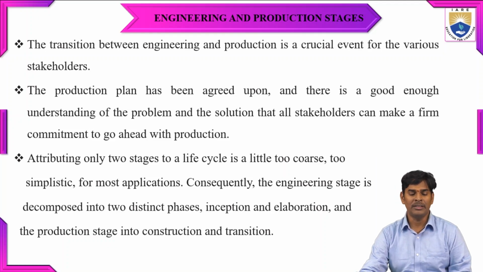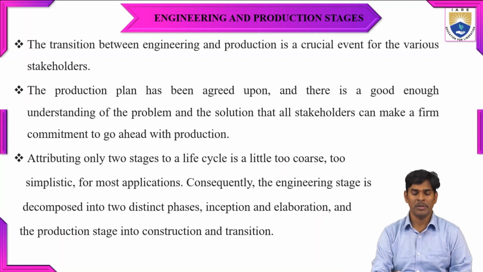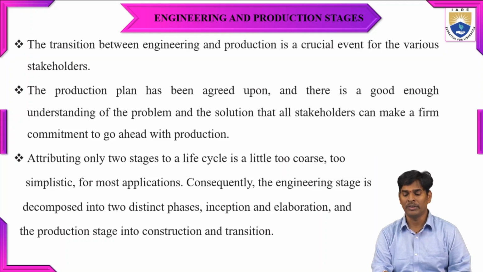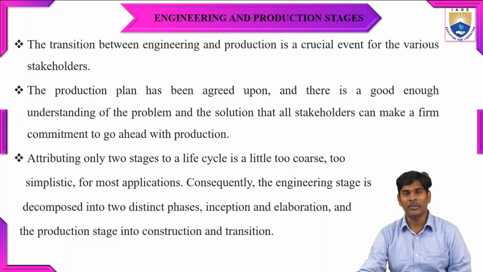So the stakeholders have very crucial things when the two phases, engineering and production, are performed. The production plan has been agreed upon, so there is a good enough understanding of the problem and the solution. They are trying to understand what the problem and the solution are, and the stakeholders commit to what will happen within production.